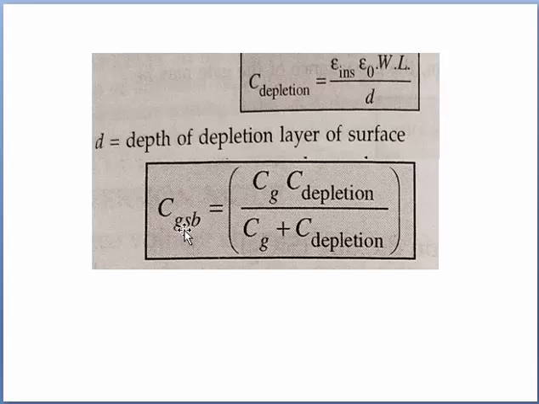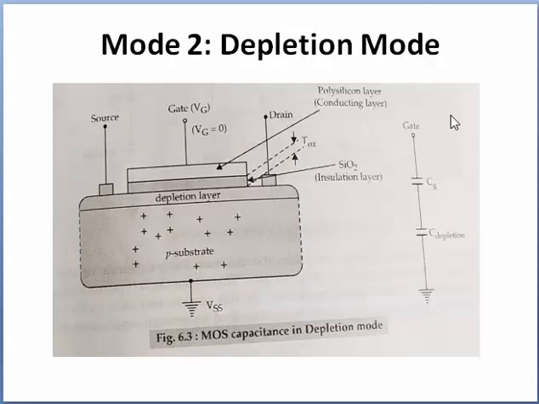So the total capacitance from the gate terminal to the substrate terminal under depletion mode, CGSB, that is gate to substrate capacitance, is equal to Cg times C depletion divided by Cg plus C depletion, because these two capacitances are in series.